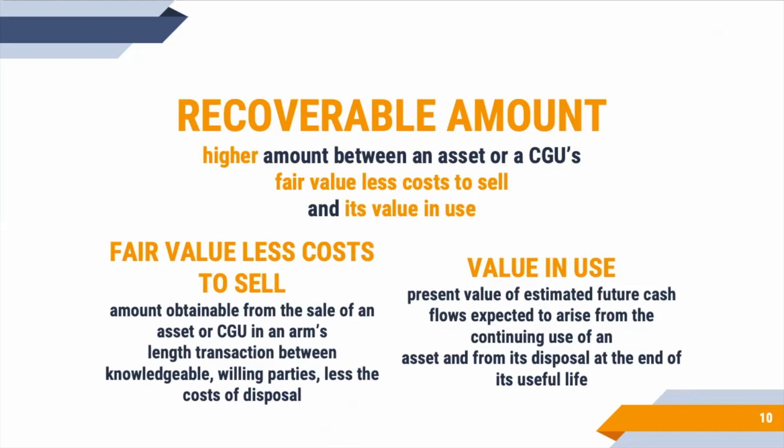So take note, fair value is the amount from the sale, while value in use is the present value of estimated future cash flows. So whichever is higher between the two, that is your recoverable amount.